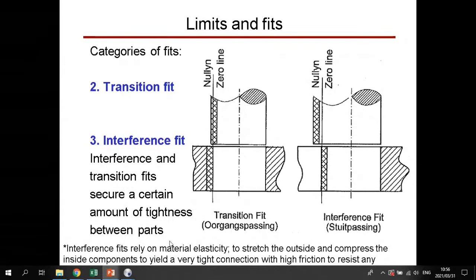But interference fits rely on material elasticity. So the outside component stretches and the inside one compresses to yield a very tight connection with high friction to resist any movement.